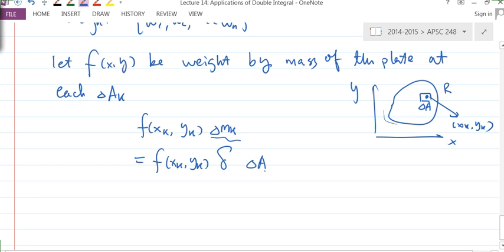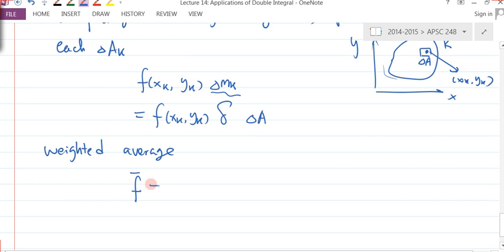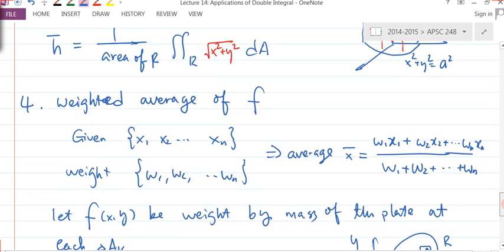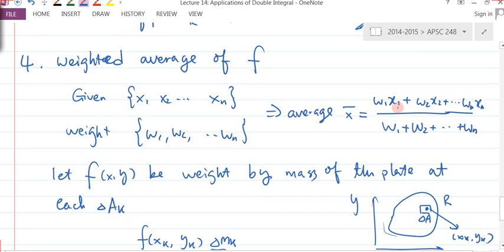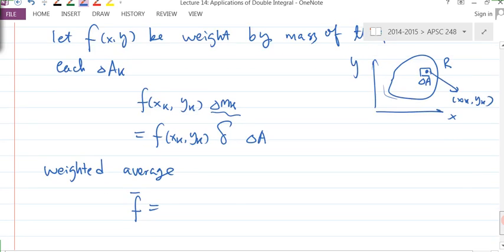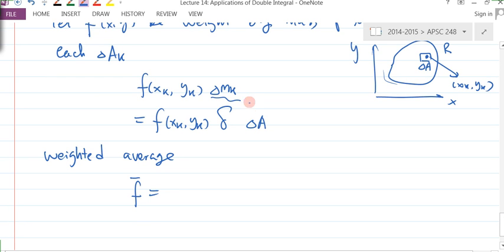And then, if we're talking about the weighted average of f, just like this one here, the weighted average is this times altogether, divided by all the different weights. So in my particular case, what are we adding together?